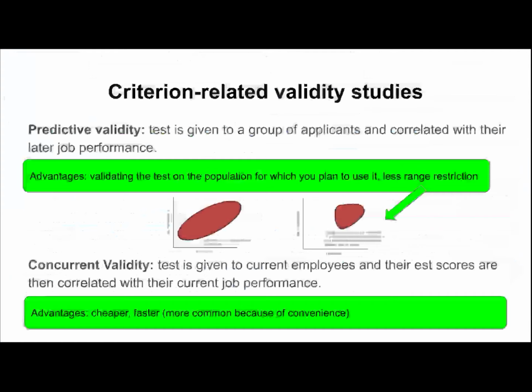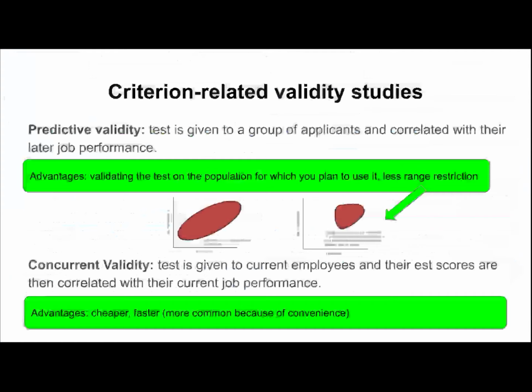The second is concurrent validity. This is where you give the test to your current employees and compare it to their current job performance. The advantage to the predictive one, where you give the test to all of your applicants, is that you're actually validating the test on the population for which you plan to use it. You're planning to use these tests on big groups of applicants, so you test them on big groups of applicants.